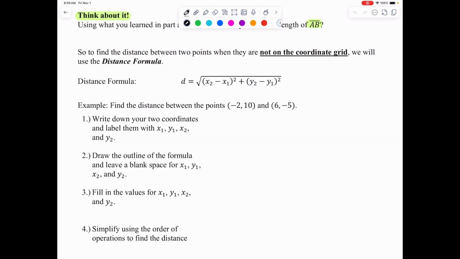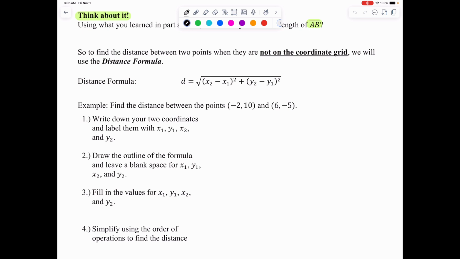So to find the distance between 2 points when they are not on the coordinate grid, we will use the distance formula. And the distance formula is given there to you. Distance is equal to the square root of x2 minus x1 squared plus y2 minus y1 squared. And again, think about where this is coming from. You know from up top that we have to find the difference in the x's for the horizontal distance.